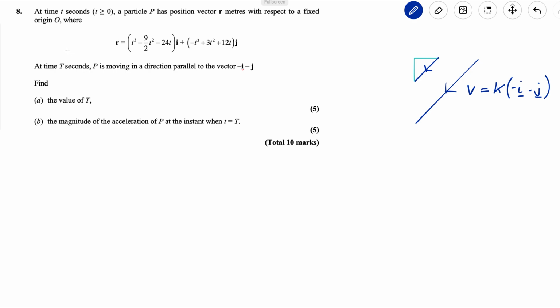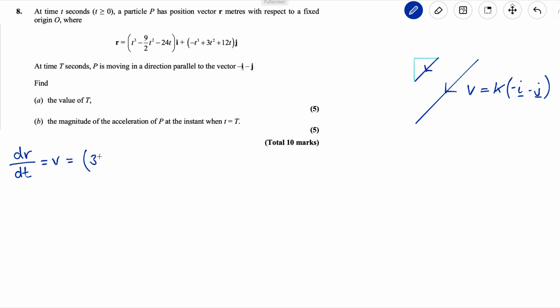And this isn't a constant acceleration question. There's no mention of constant acceleration. So I'm going to use the variable acceleration method, which is to differentiate. If I differentiate the vector that is related to displacement, the position vector, then I get velocity.